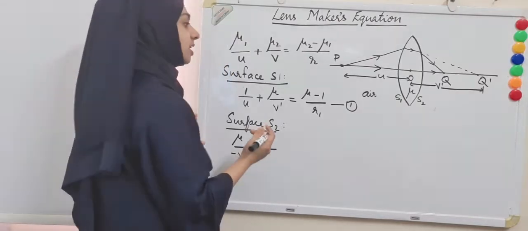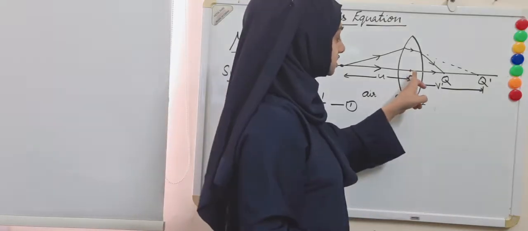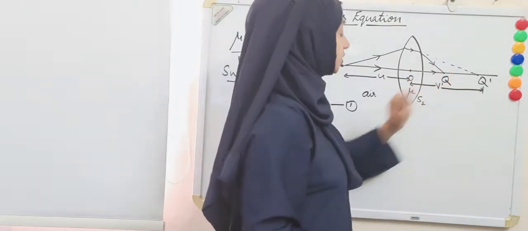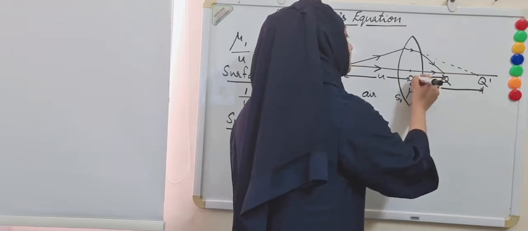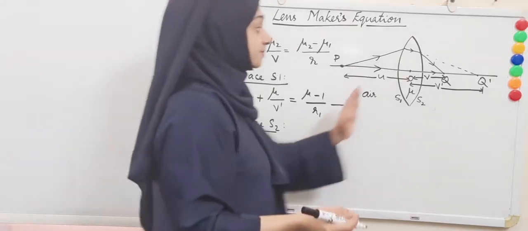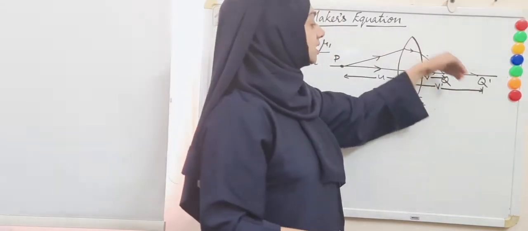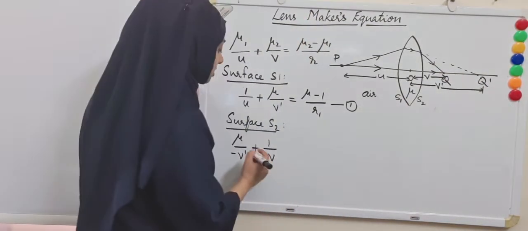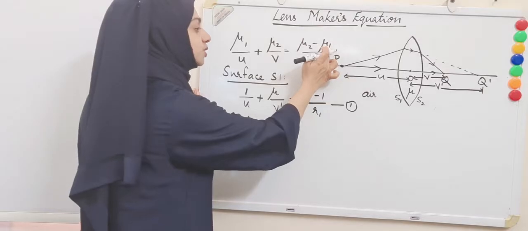1 divided by, this is the final image. So let us consider the distance between the optic center and Q, the final image, as V. So I will put this as V. And V is positive because it is on the side where the light ray goes after refraction. So 1 by V is equal to mu2 minus mu1.